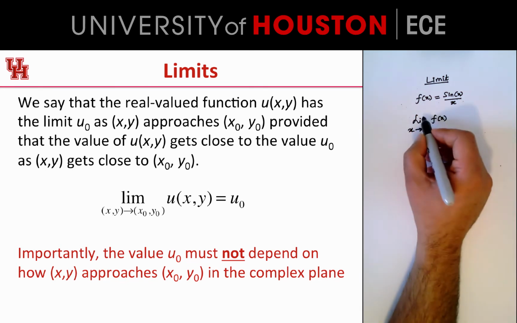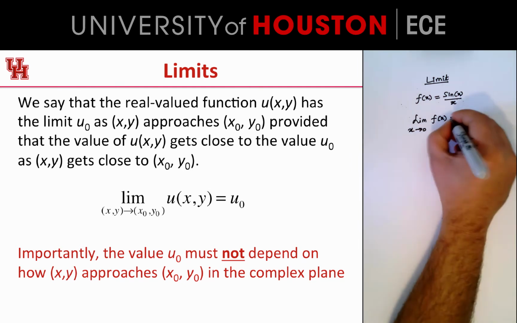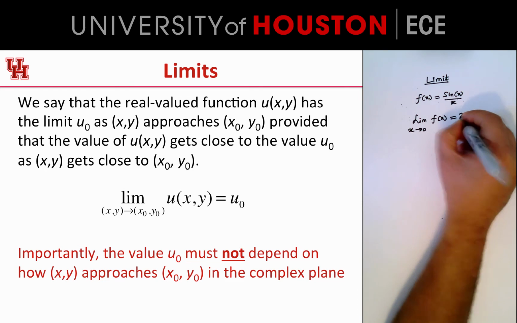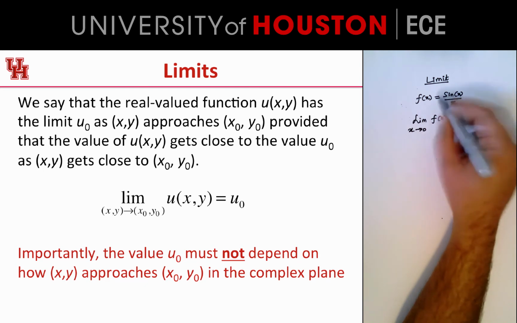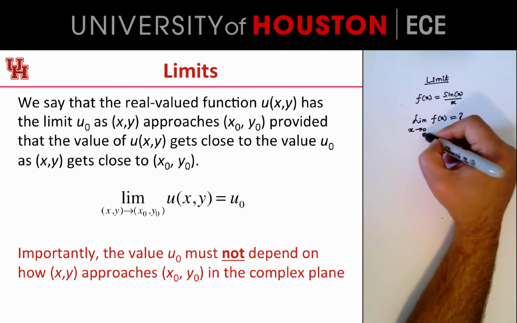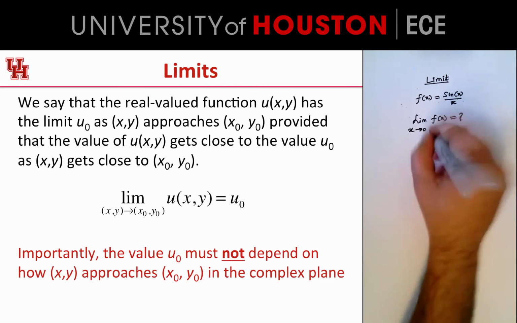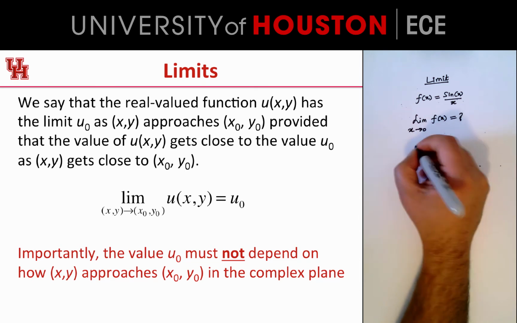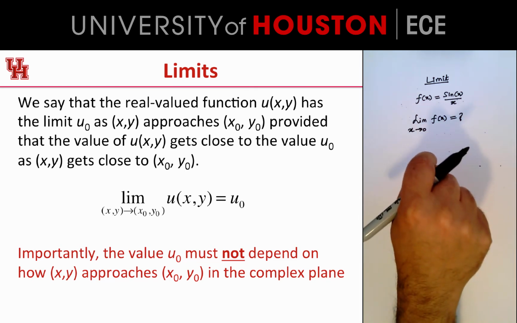So the limit as x goes to 0 of f of x is what? I can see right away that x is in the denominator, so this function is not actually defined at x equals 0. So we are talking about approaching 0, but not sitting at 0.